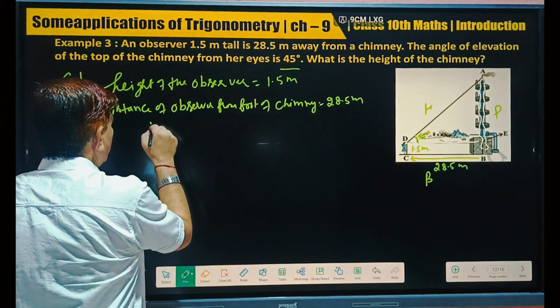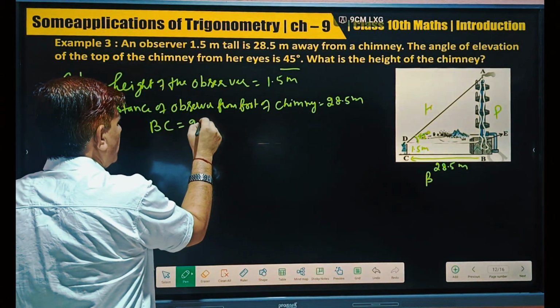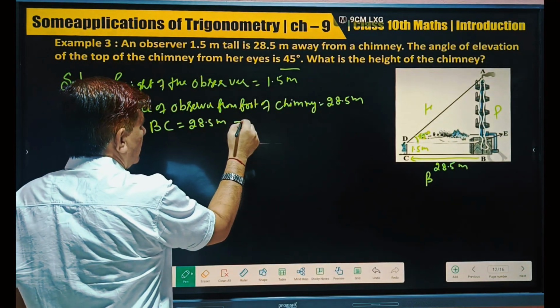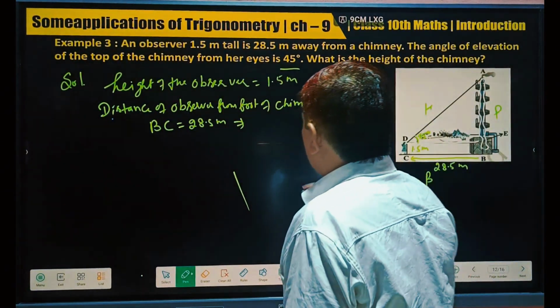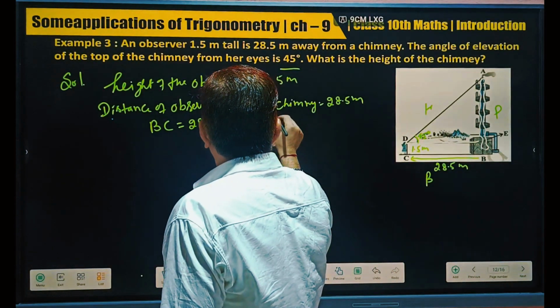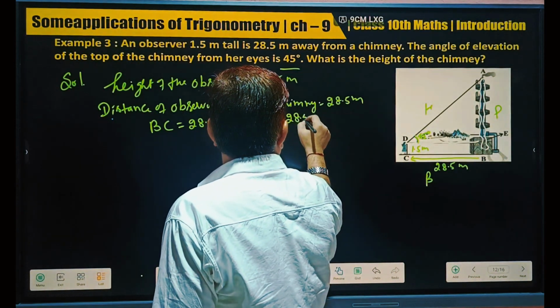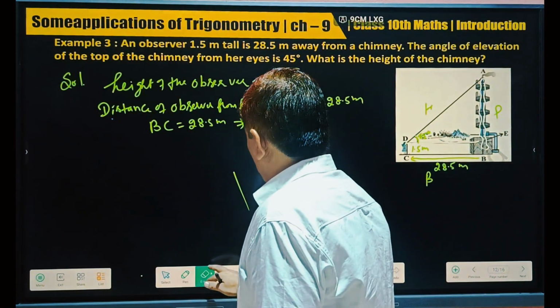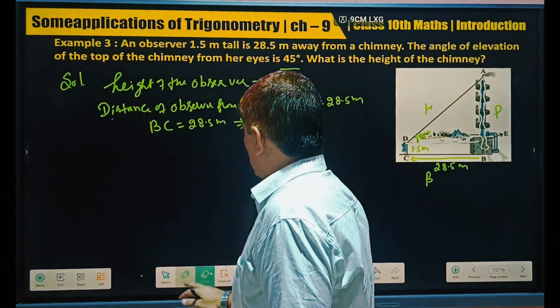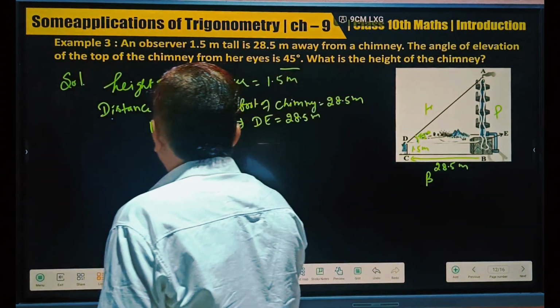What's its meaning? BC equal to 28.5 meter. This implies this DE also is 28.5. Understood? Yes or no?